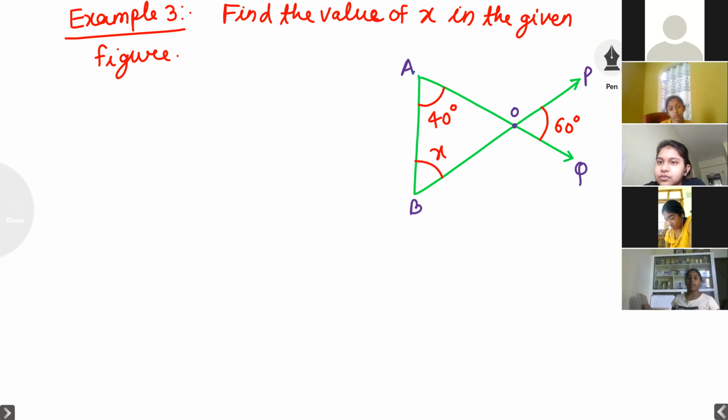If this angle is 60 degrees, I can say angle BOA or AOB is 60 degrees. Why? Vertically opposite angles. Got it? Note down. Solution.